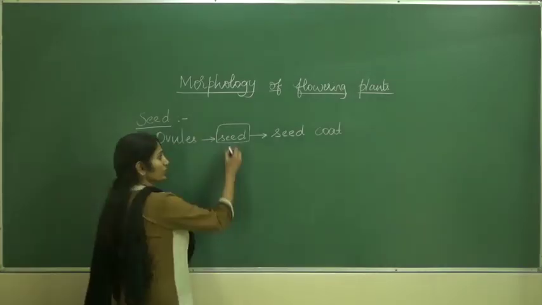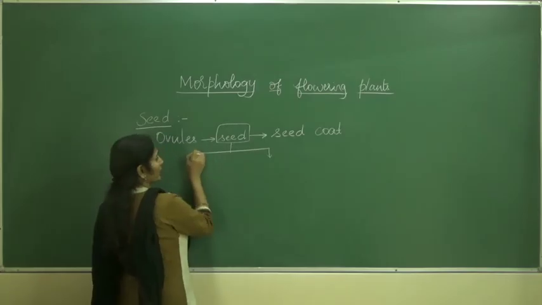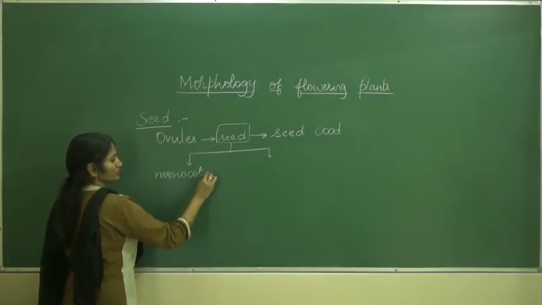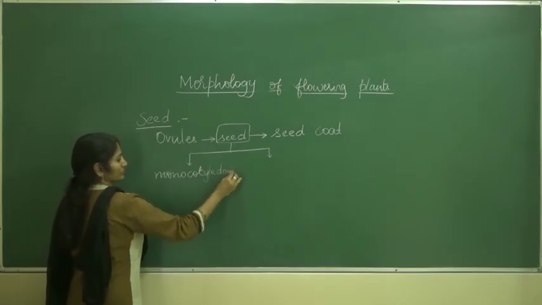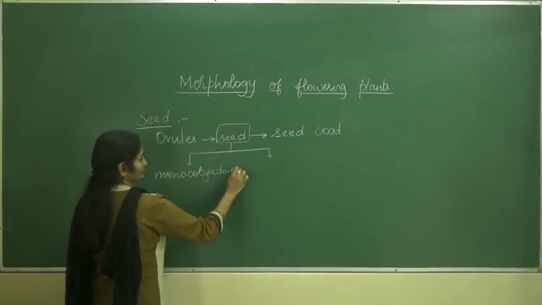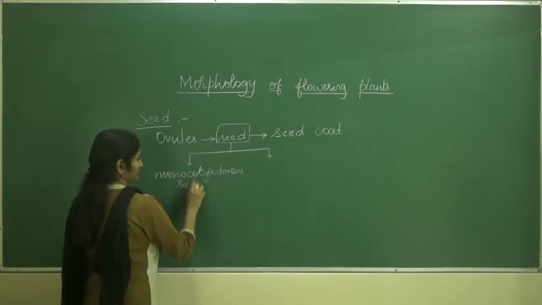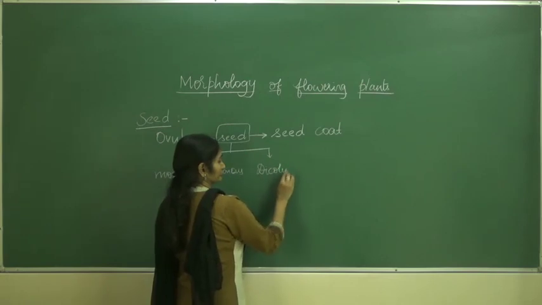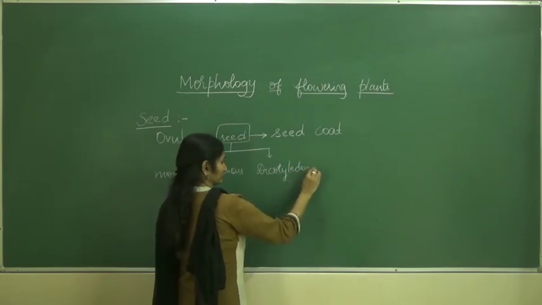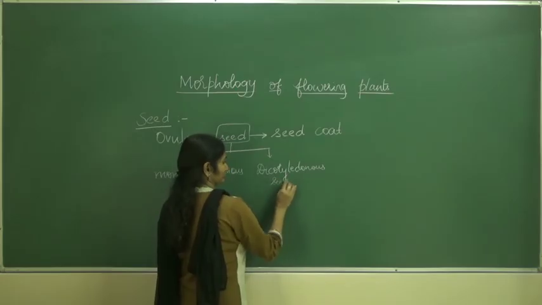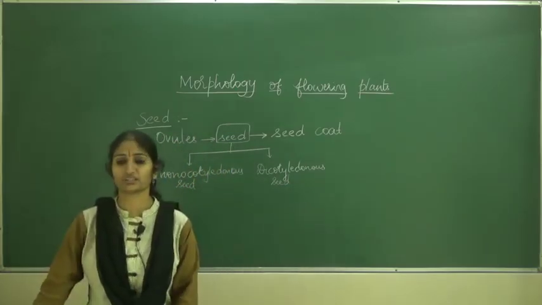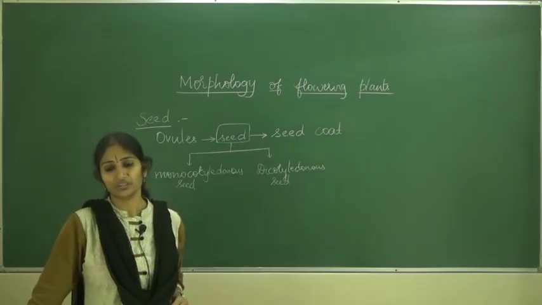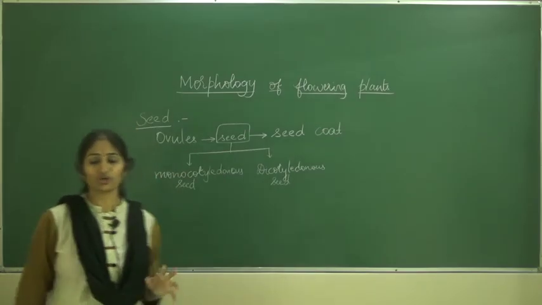We group these seeds as either monocotyledonous, or monocot, and then we have the dicotyledonous seed. So what is monocotyledonous seed?